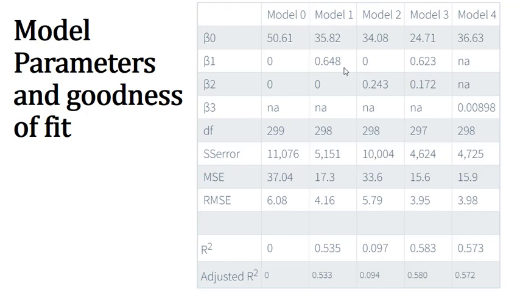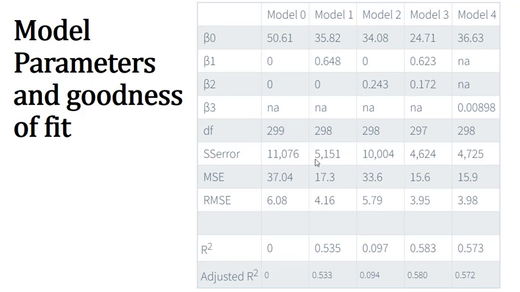So we used that mathematical formula that I showed you before in order to calculate the mu's, which are the predictions, and then these mu's are subtracted from the actual academic achievement scores, and then those scores are squared, and then they are added up, and we get a sum of the errors, and that is 5,151. So basically that is what is not explained of this variability by model 1.